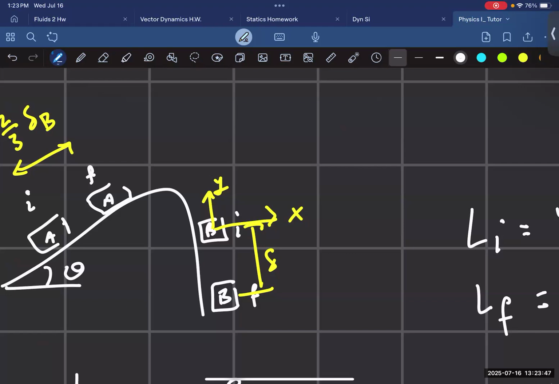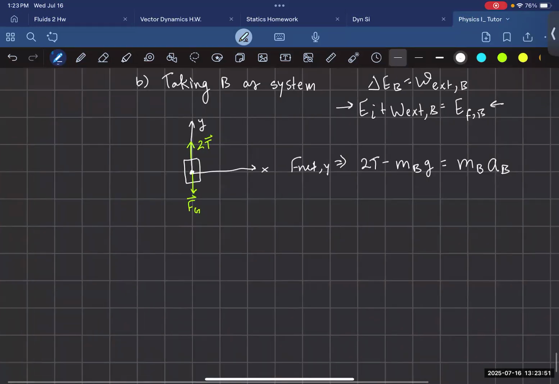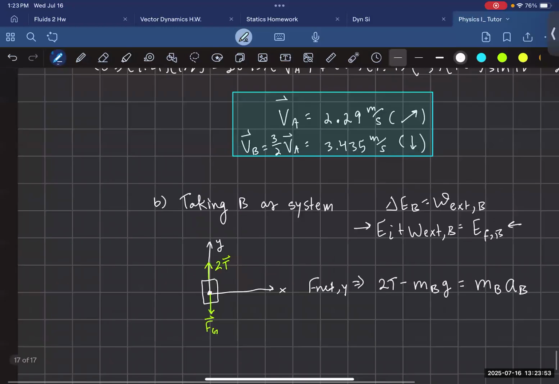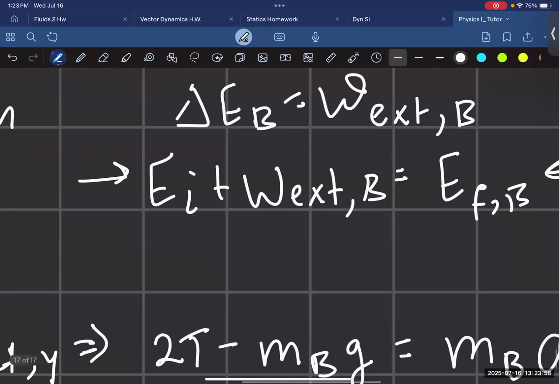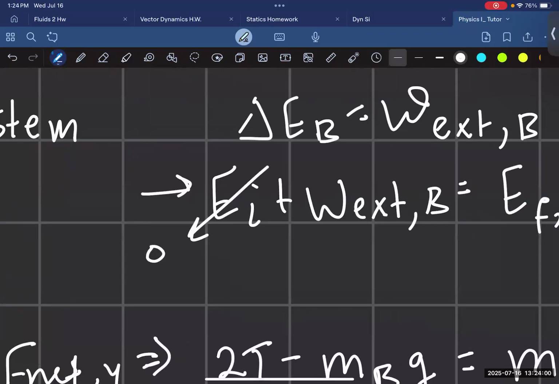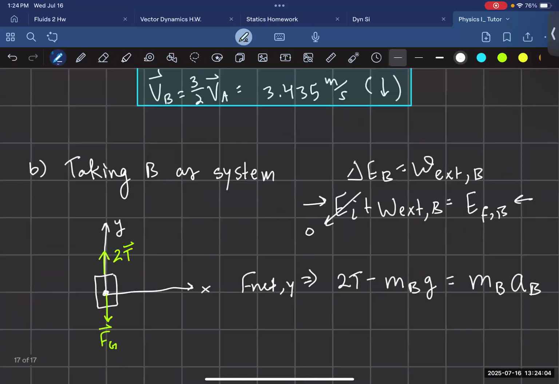So then if we do that, the height would be zero. So our initial potential energy would be zero. That means the energy in the initial state, because there's no kinetic or potential, cancels out. There's only work external.